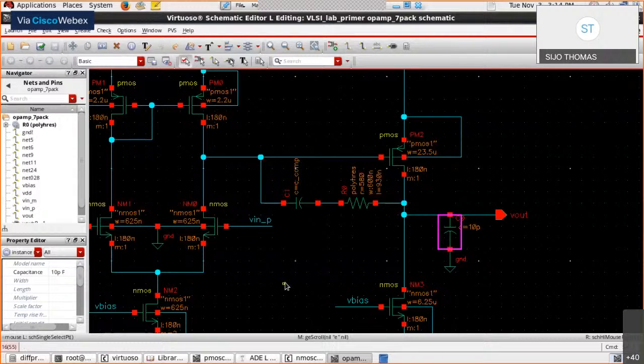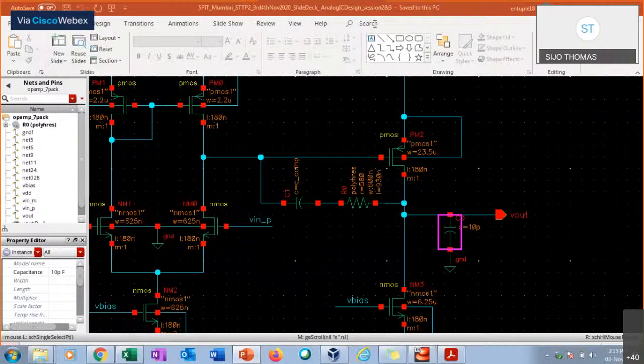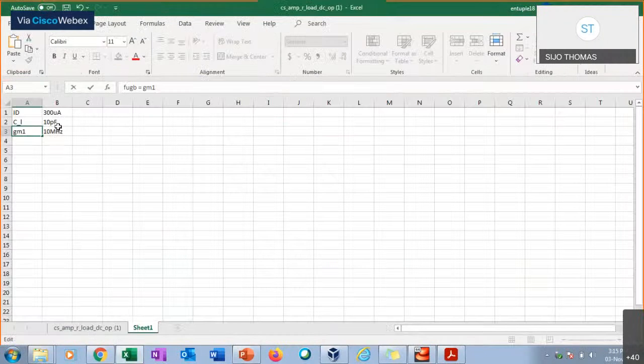So if the load capacitance value is 10 pico, 0.22 times that CL value will be my compensation capacitance value. So for the first cut approximation, I can consider the CC value as 2.2 picofarad. So if you go back to the spreadsheet, yeah, so CC value from CL value we can find it as 0.22 times CL, that is CC is equal to 2.2 picofarads.